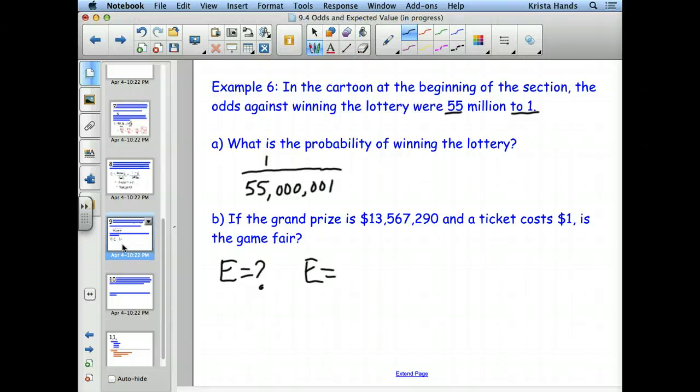So, if you win, what do you get? How much? Is it 290? Is it 291? Wendy says 289. Why is it 289, Wendy? Yeah, you played $1 to play the game. So you paid the $1 to play the game, which means you lost that $1. And when you won, you want to think about the net change in your checking account or your wallet or whatever. So it's 289. How likely is that to happen?